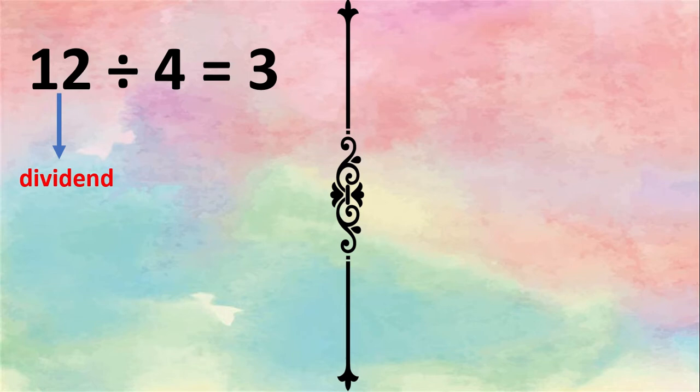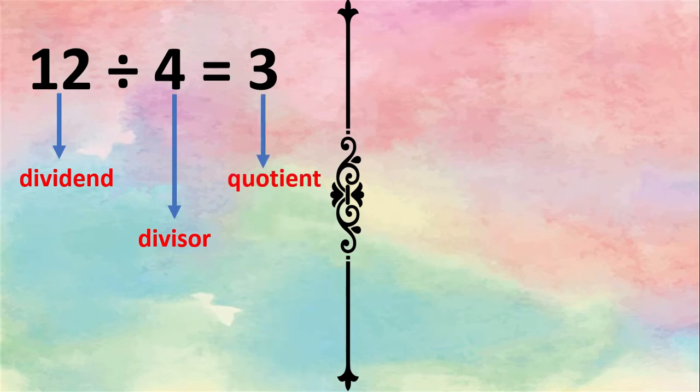The dividend tells how many is to be divided. So how about 4? 4 is our divisor. The divisor tells how many parts the dividend is to be divided into. And the number 3 is the quotient. The quotient is the answer of division.